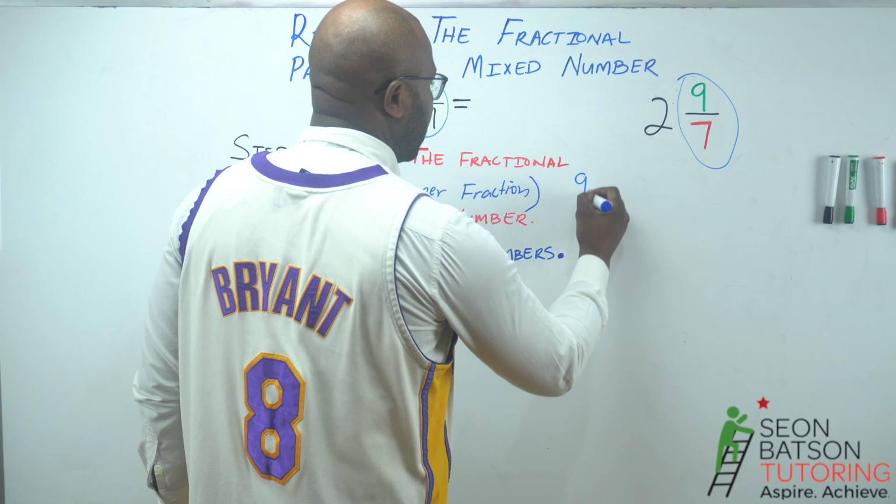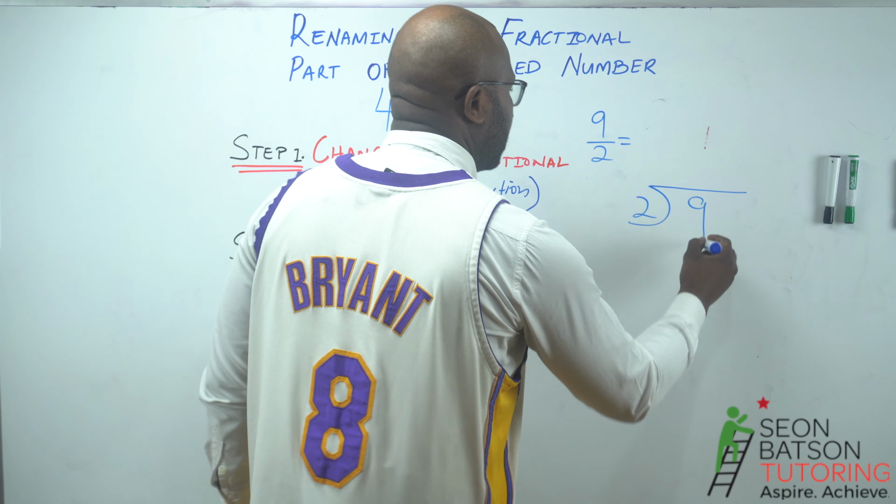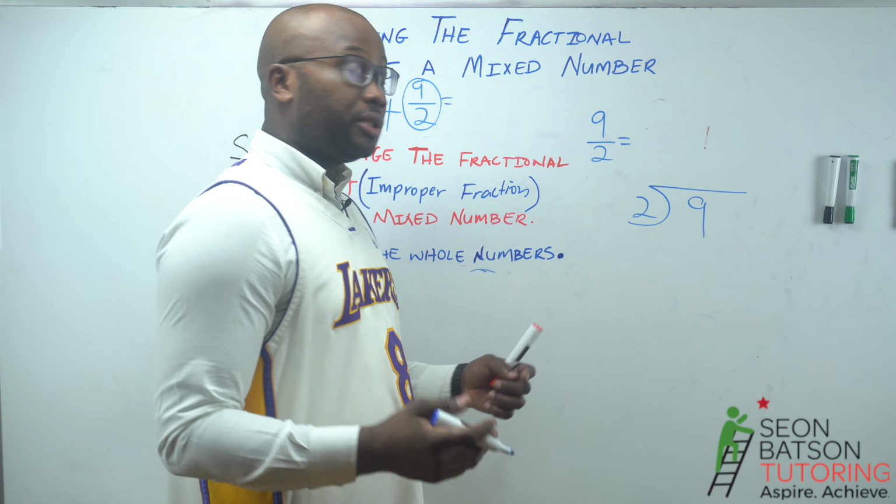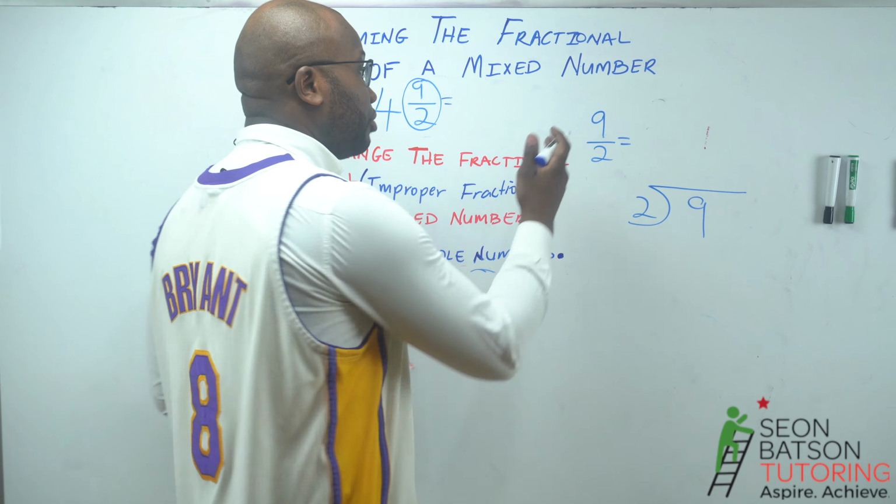So we will first change our fractional part to a mixed number. So we will change 9 over 2 to a mixed number. And remember again, we will divide the numerator by the denominator to change the improper fraction to a mixed number.